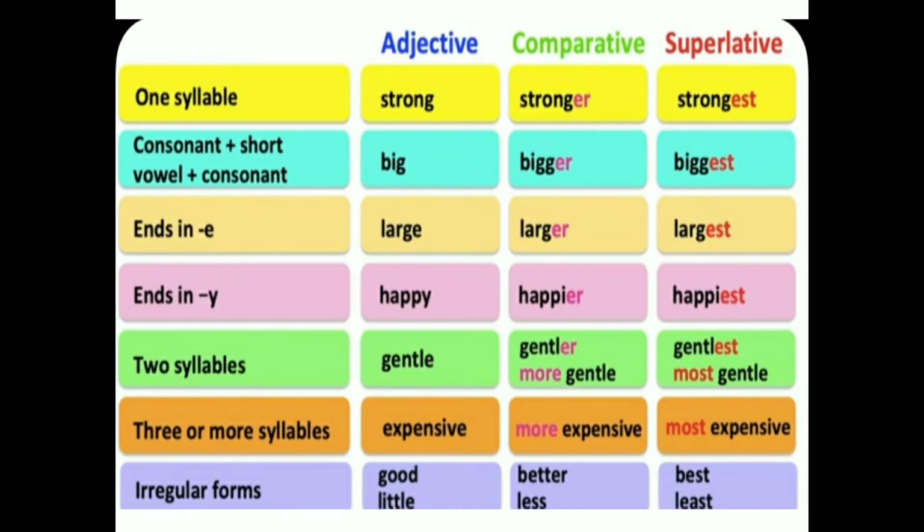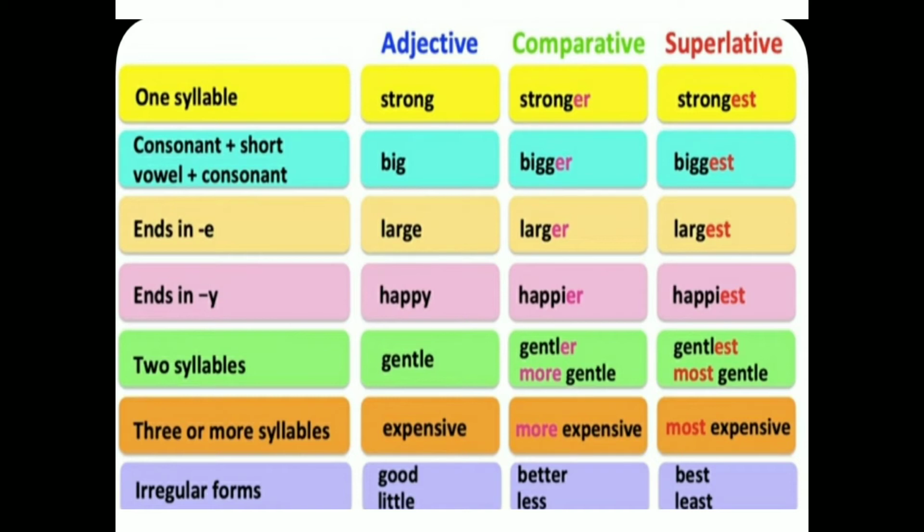Now there are some rules that you have to remember, and that is compulsory. In positive, comparative and superlative, you have to follow some rules, like the rules we have already done in singular and plural.